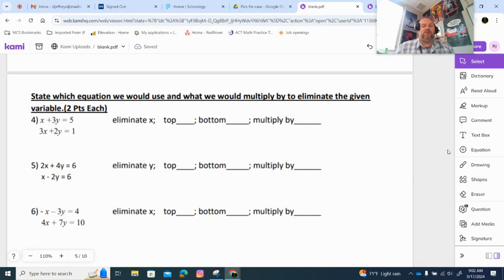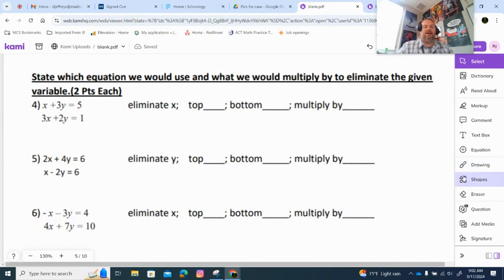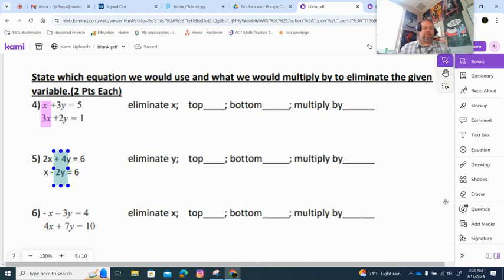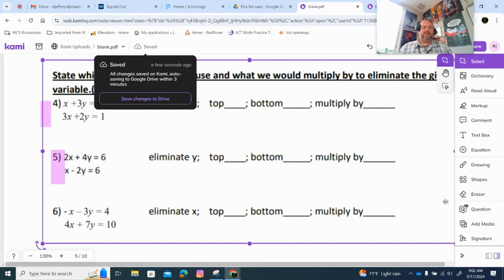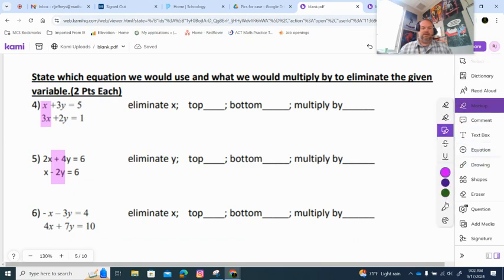State which equation we would use and what we'd multiply by. All right. So I'm gonna see if I can mark these up first. I'm eliminating x here. I'm eliminating y here. And I'm eliminating x here.